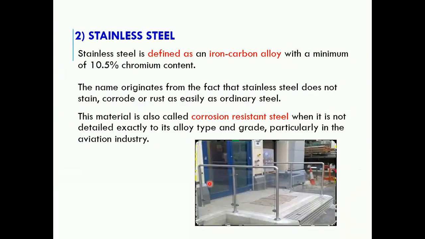Okay, the other type is stainless steel, which is defined as an iron carbon alloy with a minimum chromium content. The name originates from the fact that stainless steel does not stain, corrode, or rust as easily as ordinary steel. This material is also called corrosion resistant steel.